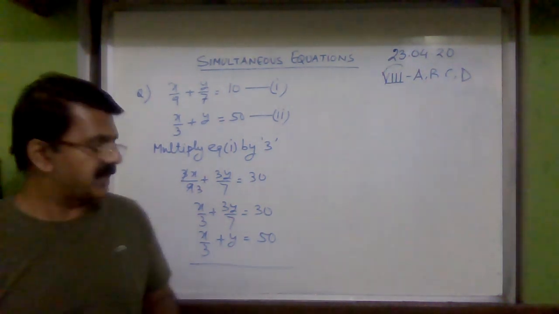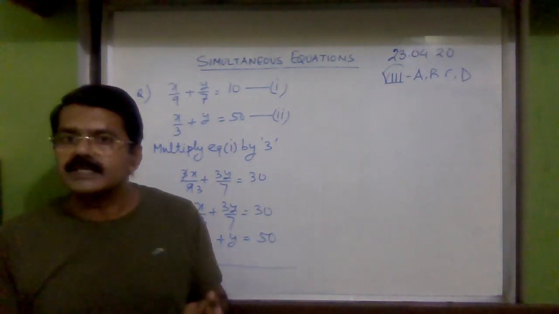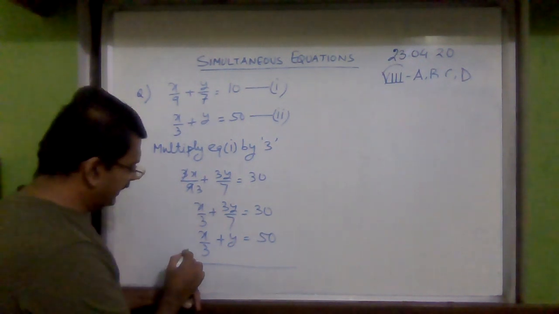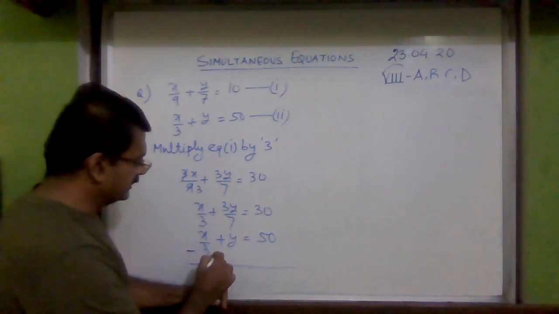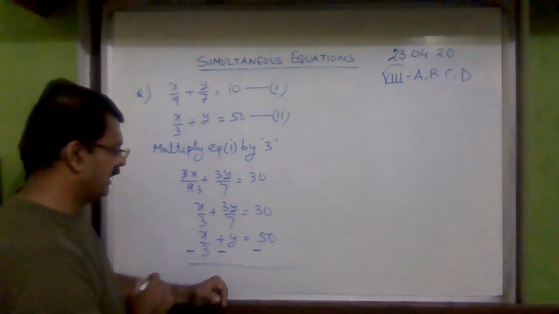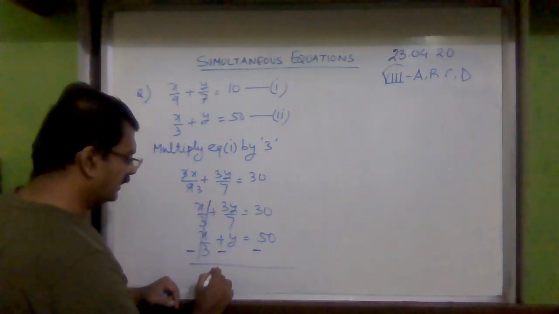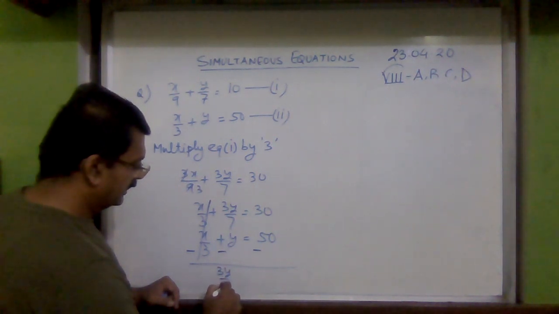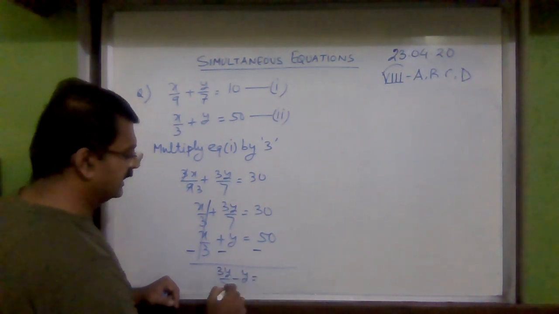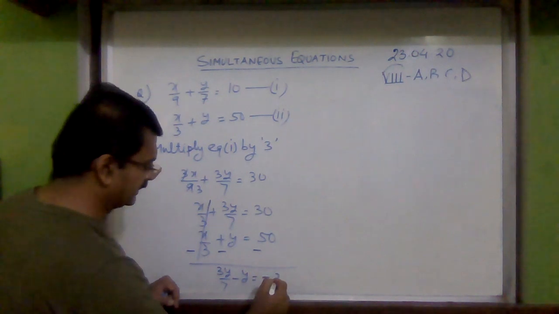Now we'll subtract. So for that we have to change the sign. So when we change the sign, this is minus, this is also minus, and this is also minus. Now x by 3 minus x by 3 cancels out. This is nothing but 3y by 7 minus y is equal to 30 minus 50, which is minus 20.